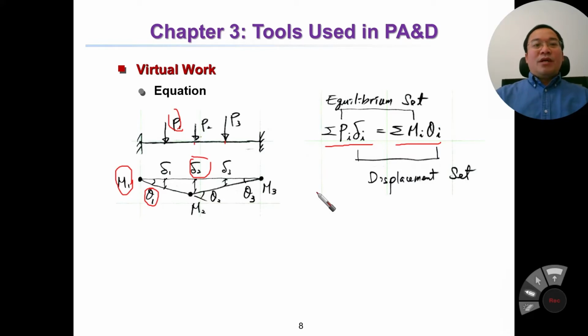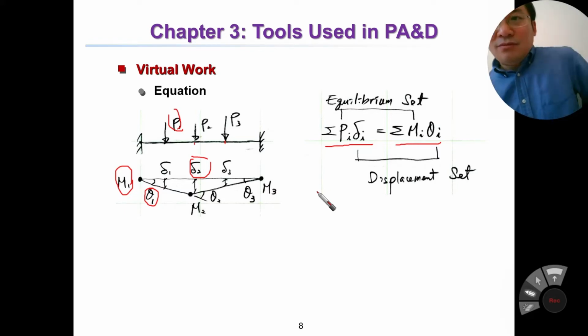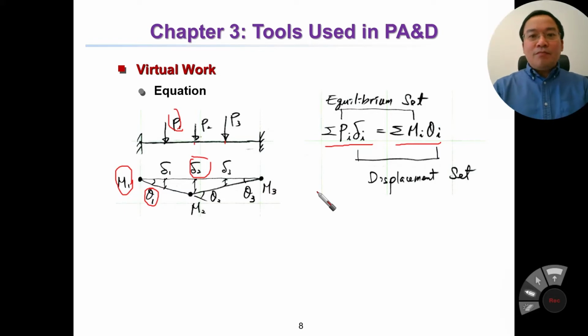So in the virtual work method, we have to determine first what is the equilibrium set and what is the displacement set. If we have an equilibrium set and a displacement set, then we can apply the virtual work method.